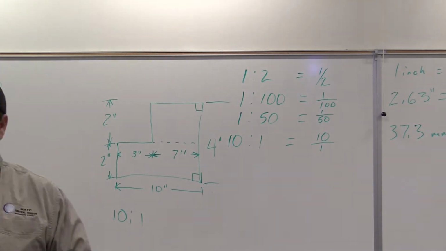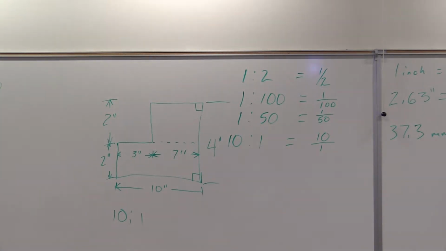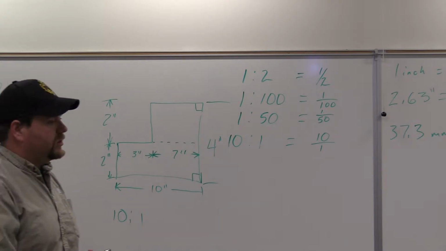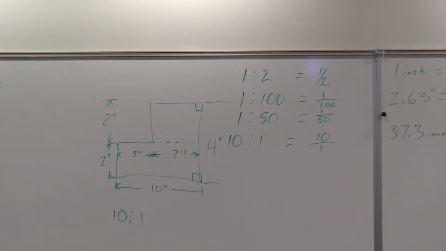Okay? So now, working backwards through this situation, we know that we are a 10-to-1 portion, or ratio. So looking at our math, get your calculators out, and we have 2 divided by 10 is 0.2.